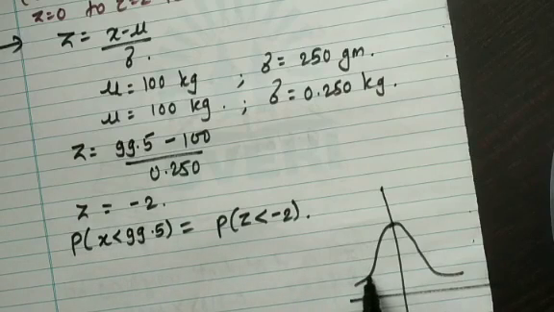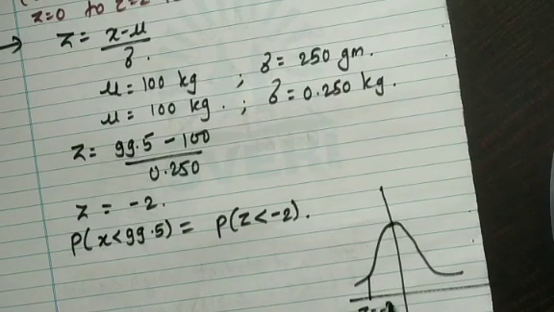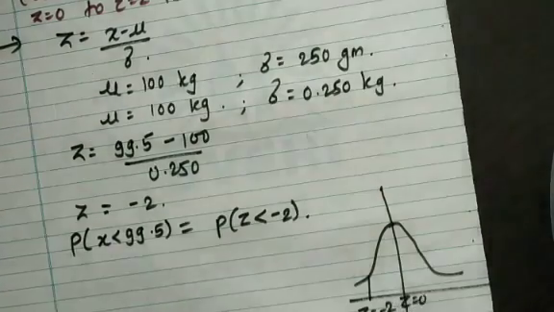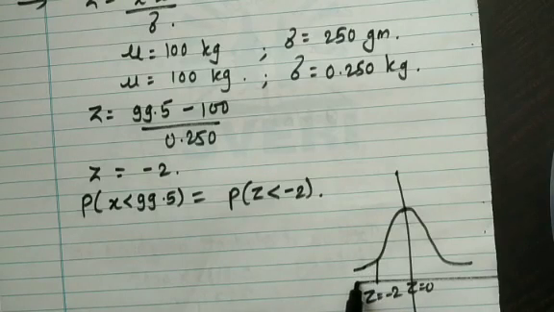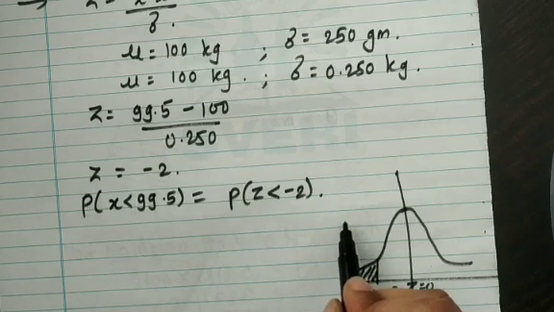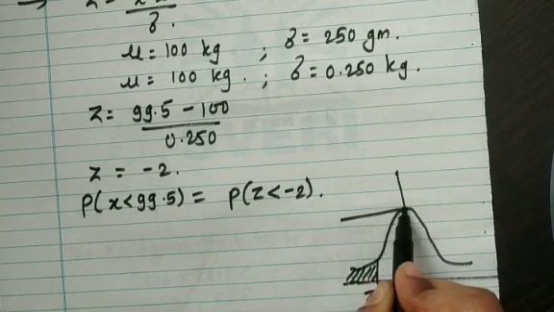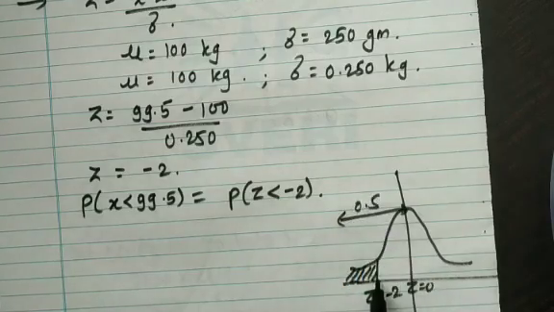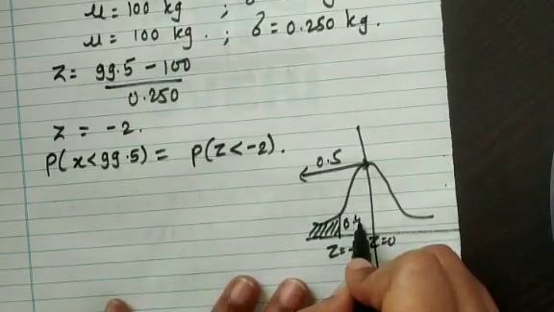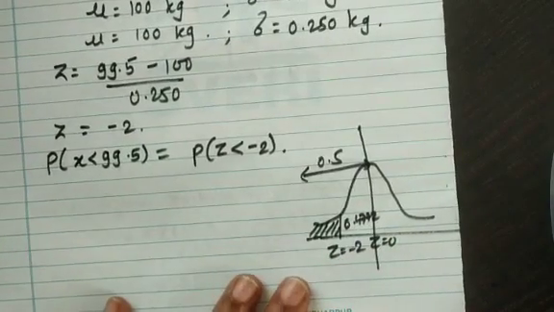Okay, z is -2 means negative on your left hand side, -2, and where z is 0 is here, and less than -2, that area is somewhere here. The total area on this side is 0.5, and between z is 0 to 2 the area is given to you, which is 0.4772.